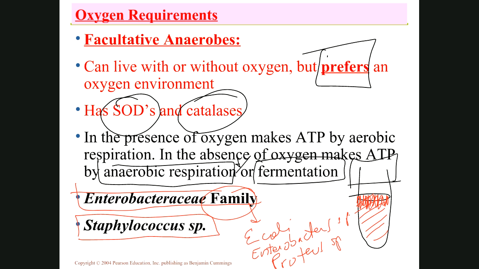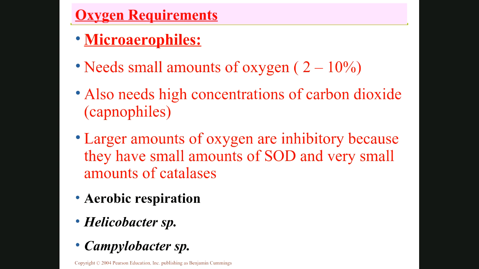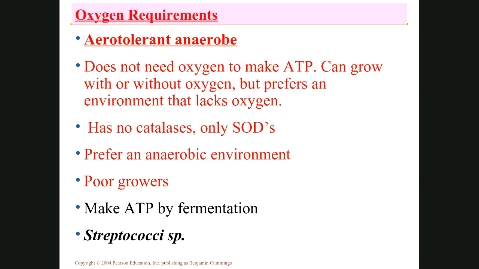Anyway, this is a humongous family. All of them are facultative anaerobes. So we have strict aerobes, strict anaerobes, facultative anaerobes. Facultative anaerobes are the lucky ones. They can do everything. These are the unlucky ones, the aerotolerants.